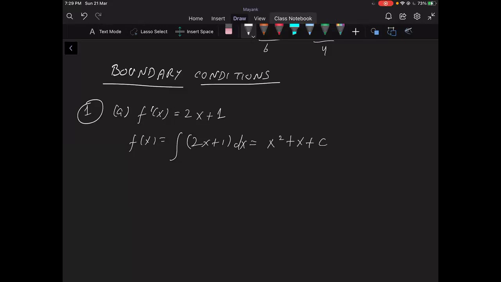And how do you propose to find c here? When we're given limits, then we can find c. No, without limits.